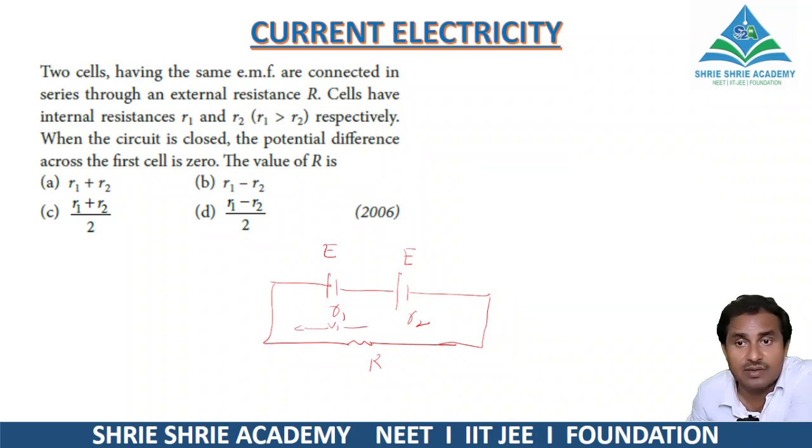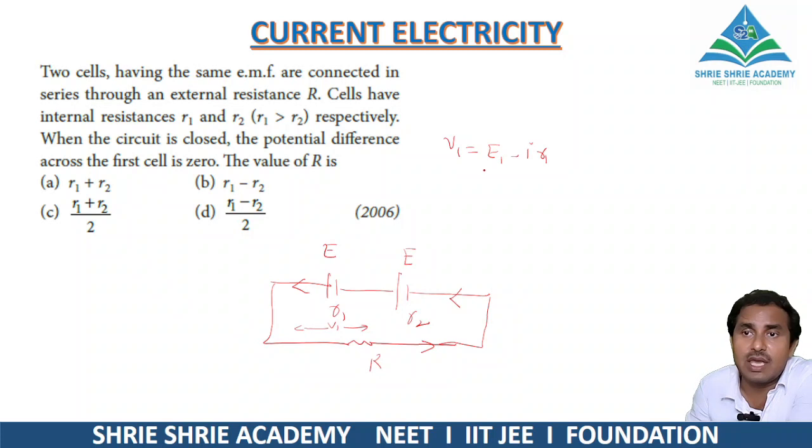is V1. So you write V1 = E1 - I R1. Because the same current goes through both, I1 and I2 are not different. The EMF of the first battery you already know is E. The potential difference across it is given as 0.